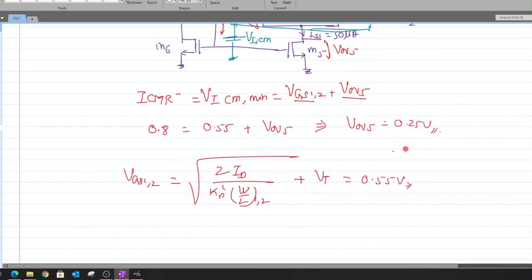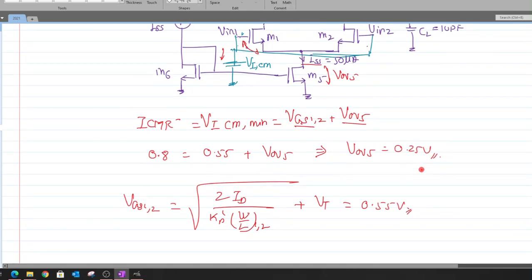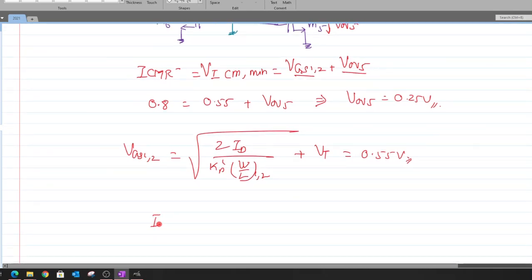Once I get the value of VOV5, now I know the current that flows across this M5 transistor, and I also know the value of VOV. Then you can use the simple current equation, which is ID5 equal to ISS, and since the transistor would be at the edge of saturation under this condition, I use the saturation current equation here, whole square.